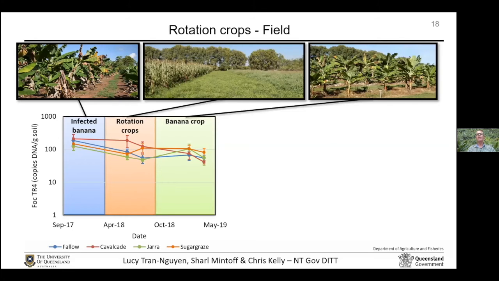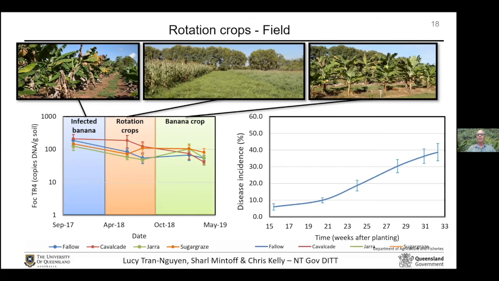Overall, there wasn't a big difference between either cultivar or time in the amount of DNA that was found in the soil. However, when the bananas were grown back into the soil, disease TR4 was starting to be seen 15 weeks after planting in the weedy fallow, and that increased up until the end of the experiment at about 32 weeks after planting.